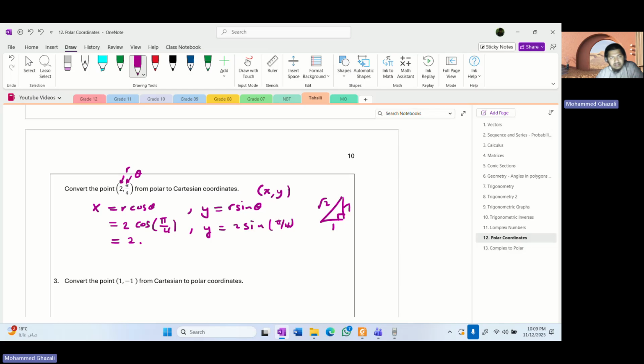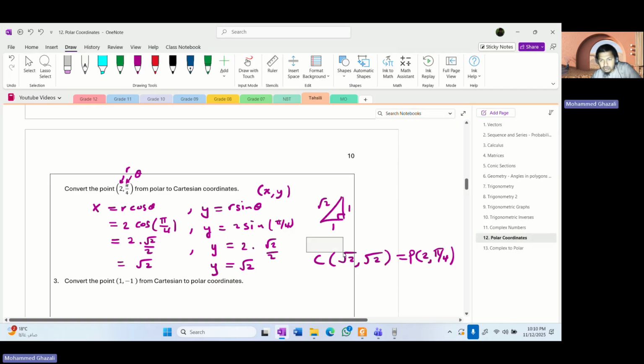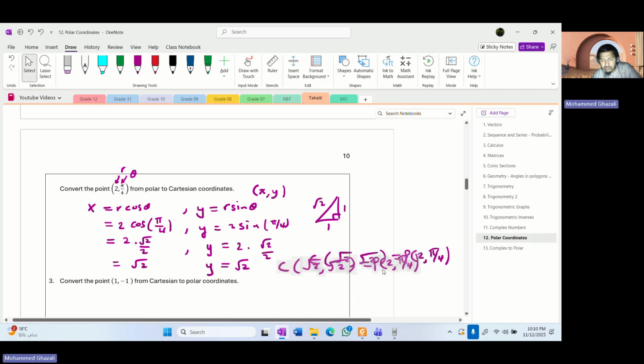So cos 45 is root 2 over 2, and y is equal to 2 sine pi by 4, and sine of 45 is also root 2 over 2. The 2's cancel out, so x is root 2, and y is also root 2. So what's the answer? The Cartesian point is (root 2, root 2), which is equivalent to the polar point (2, pi by 4). Quite simple, just using formulas to solve.